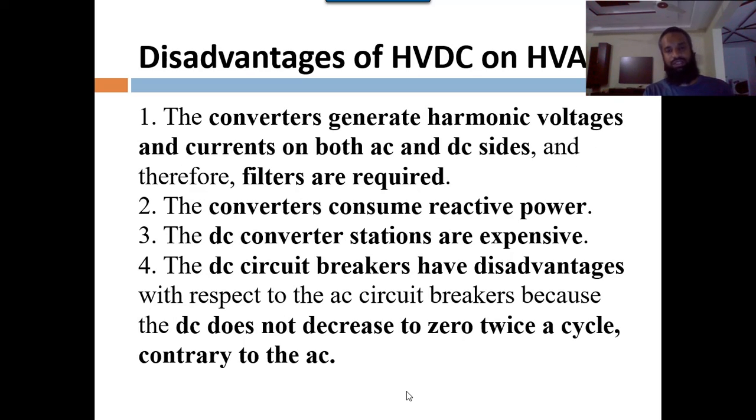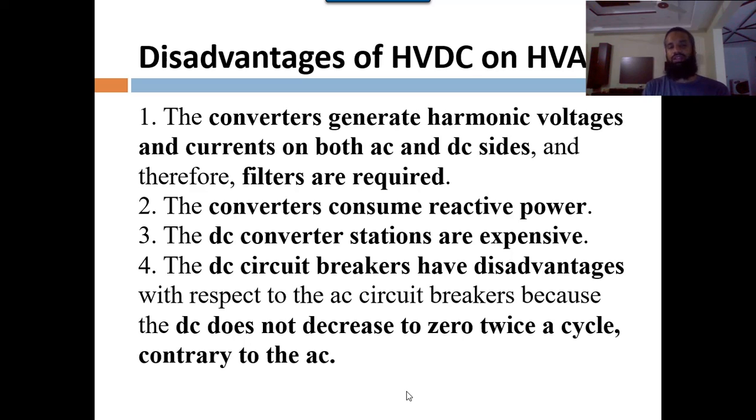The converter generates harmonic voltage and harmonic current on both AC and DC side. As you know that we use special types of MOSFETs or IGBTs to switch on or off the system and produce a pure sinusoidal wave.